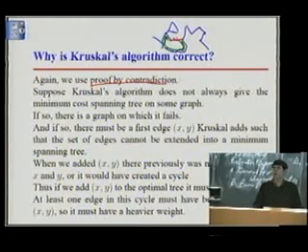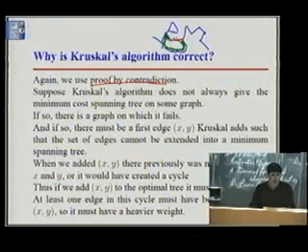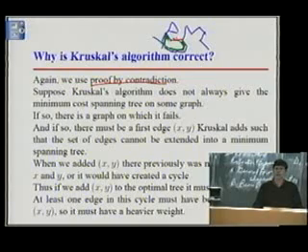Is it possible that all those green edges were in the spanning forest I was building from Prim's algorithm? When I decided to use Prim's algorithm to insert the red edge, is it possible they were all there? You say no, why not? It would have created a cycle, right?